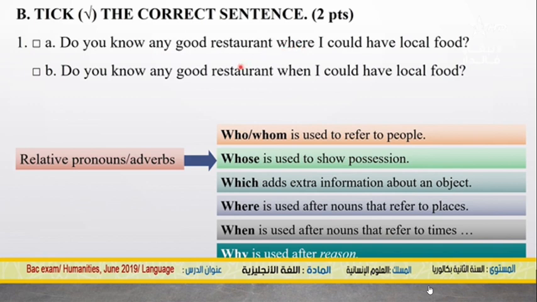It's the first one, of course, okay? So do you know any good restaurants where I could have local food? So since restaurant is a place, we used where, or we chose the first option. Okay, now we are done with exercise B.